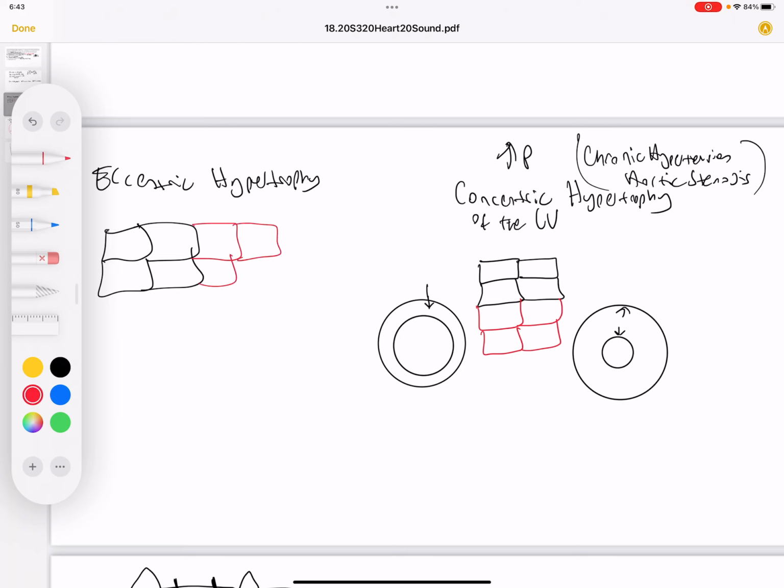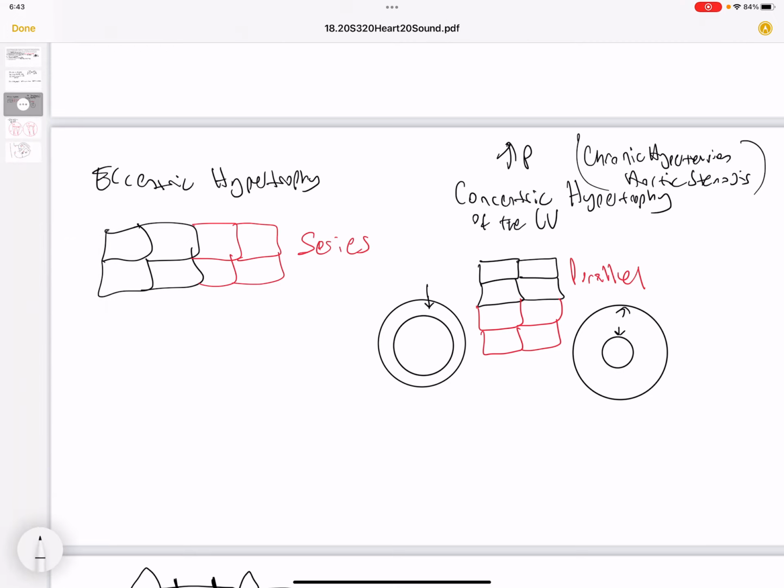So like this. This is a series addition of the sarcomeres, and this is parallel. That happens with concentric hypertrophy. With eccentric, there's a series addition of sarcomeres, and then the left ventricle looks like this.